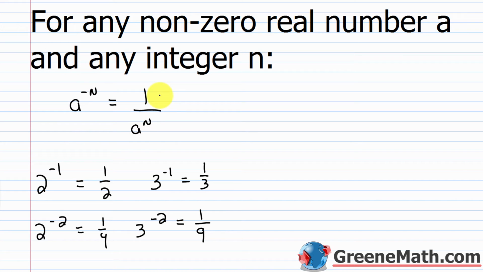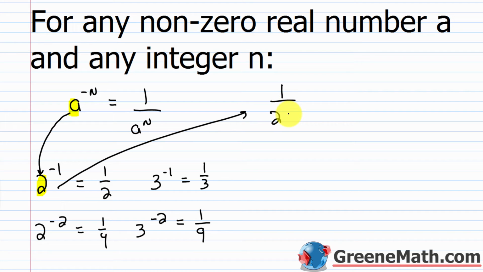In this specific example, a is going to represent 2. So all I would do is plug a 2 in for a, and I would have 1 over 2. Here I see that I have negative n, and then here I have positive n. So this starts out as negative 1, it becomes positive 1, and 2 to the power of positive 1 is just 2.